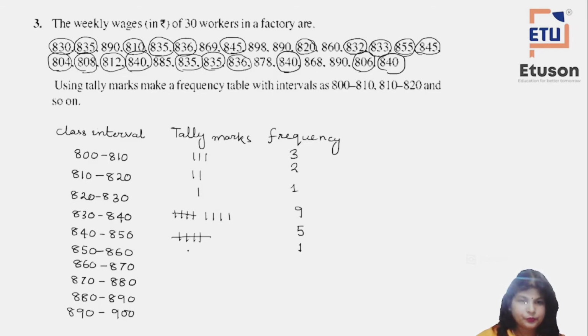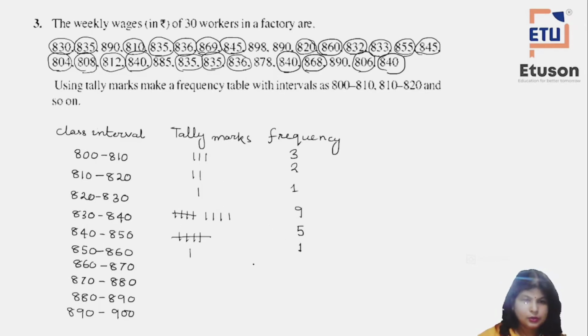So tally mark is 1. Then 860 to 870. So 869, 1, 2, 3.